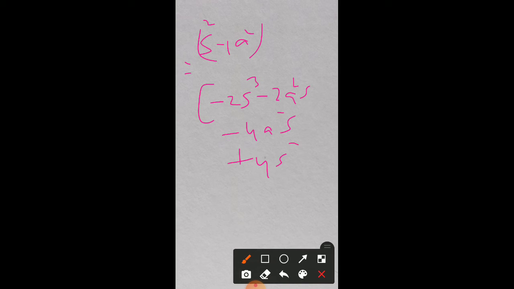Here s square plus a square is common, and what you get is minus twice s cube minus twice a square s minus 4a square s plus 4s cube divided by s square plus a square whole 4.